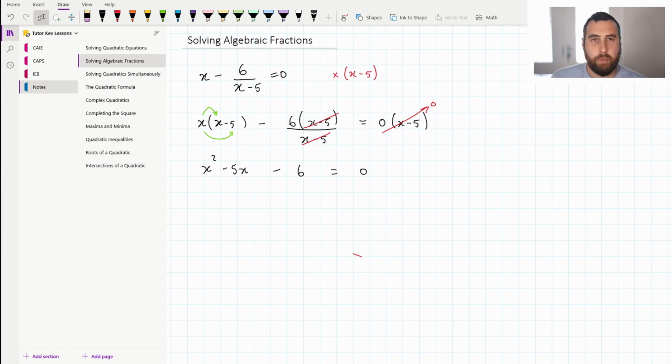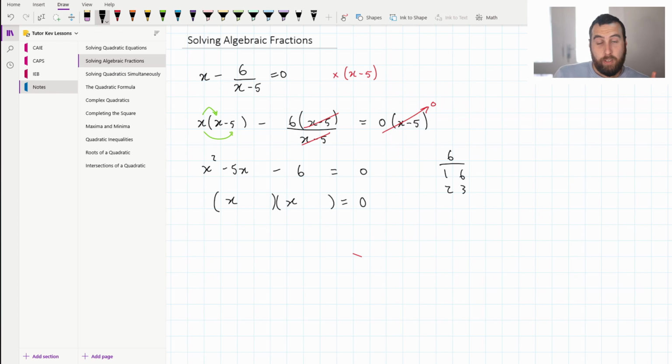Equals 0. Now in my last video I said, how do we solve quadratics? We put it into the quadratic form. It has to equal 0. Once you've got that, then you can factorize, and once you factorize, you can then solve for x. So we've got to take a look here. We have 6. What are the factors of 6? 1 and 6, 2 and 3. I know that 2 and 3 will give me 5.